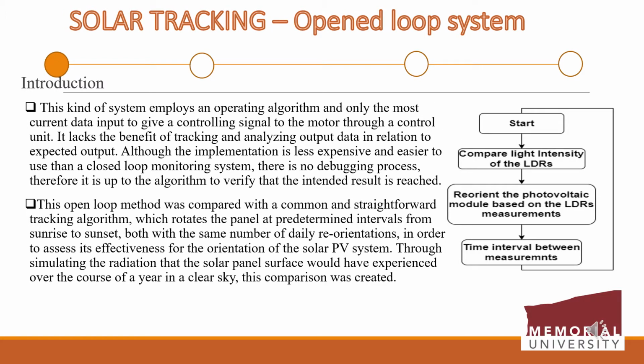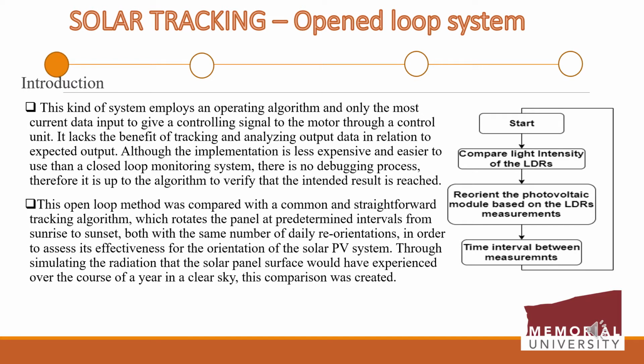For the open loop system, the system employs an operation algorithm and only the most current data input to give a controlling signal to the motor through a control unit. It lacks the benefits of tracking and analyzing output data about the expected output, although the implementation is less expensive and easier to use than a closed-loop monitoring system.